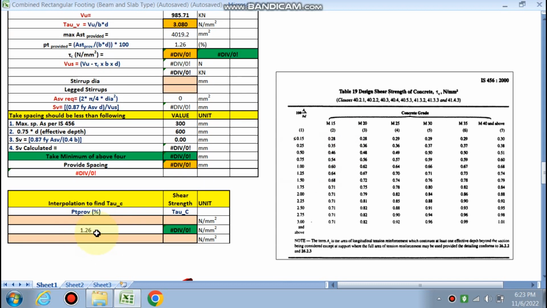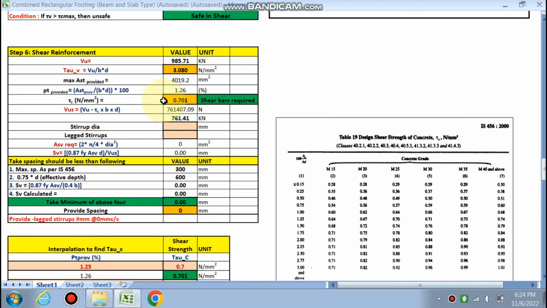From table 19 we have to see that 1.26 lies between 1.25 and 1.50, and for 1.25 the value is 0.70, and for 1.50 it is 0.74. So by interpolation, the tau C value is calculated as 0.701. So shear bars are required because tau V is 3.080 and tau C is 0.701. Tau V is very much greater than tau C, so we have to provide the shear reinforcement.